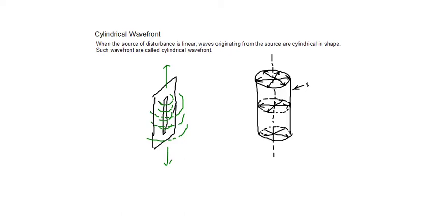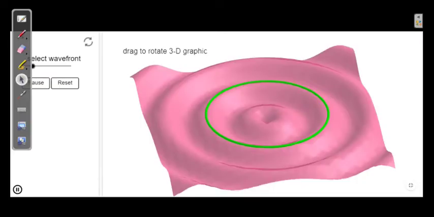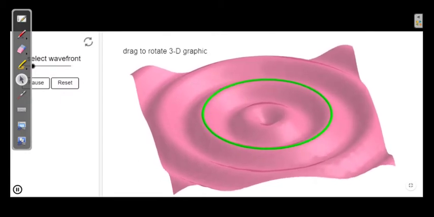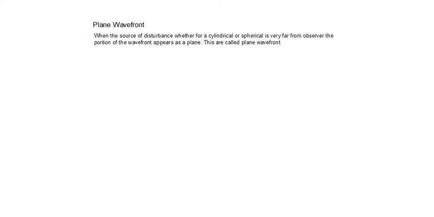Imagine a cylinder; just consider this picture. Here is only a circle which is expanding, and in this case it will be a cylindrical surface which is expanding gradually. Such a disturbance is called a cylindrical disturbance, and in case of light it is the cylindrical wavefront caused by a light source.